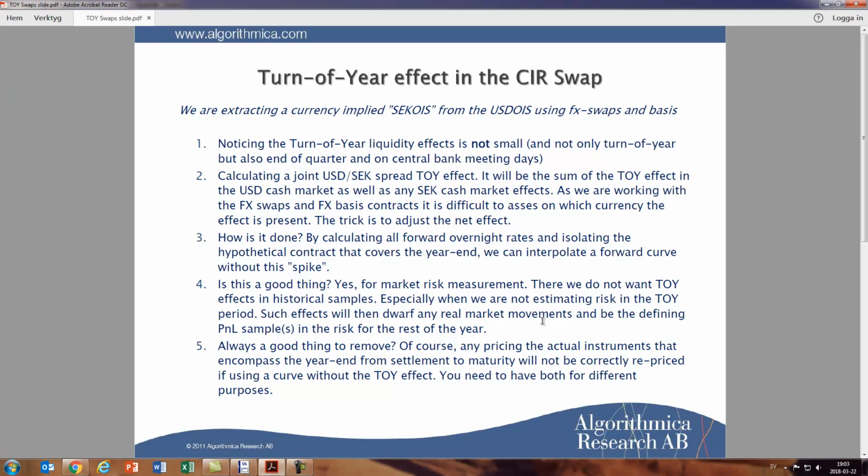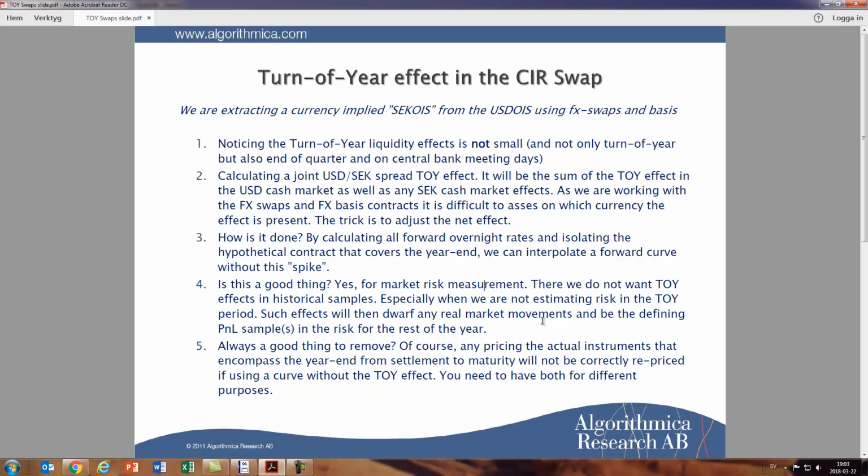When we pass the year-end and we still have these big movements in curves from before year-end to after year-end, this will totally define the historical simulation tail events.